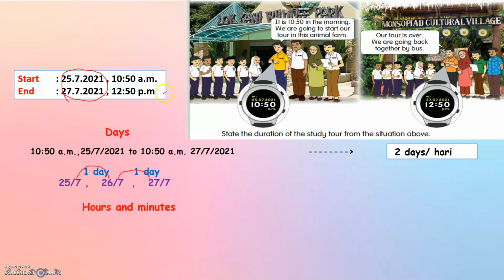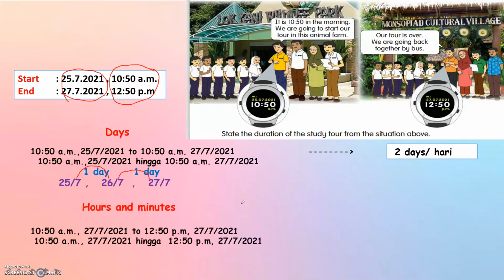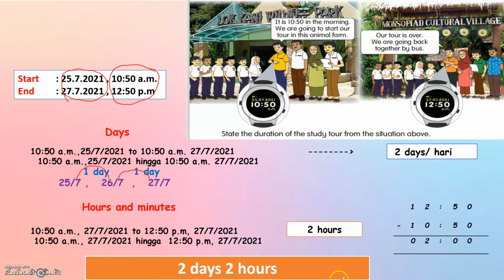Okay. Now we should find the duration between the time. To find the duration, we need to subtract. 12:50 minus 10:50 gives 2 hours. Okay? The answer will be 2 days, 2 hours.